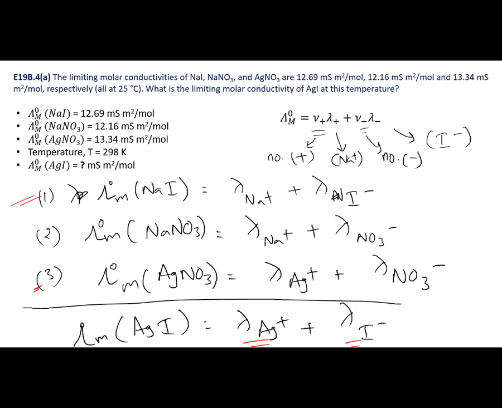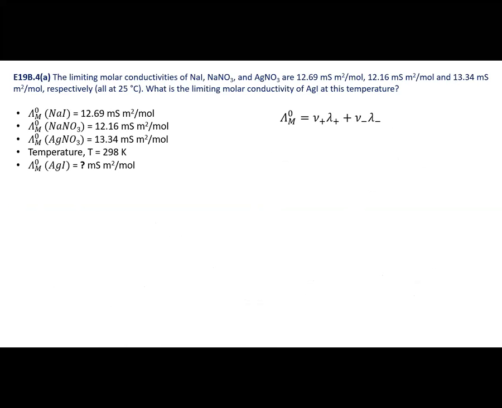But if we add 3 and 1 together, we are also contributing the conductivities from ions such as nitrate and sodium. So we need to subtract this. If we add these 3 and 1 and subtract 2, we can negate the contributions from sodium and nitrate. So the overall equation is going to be 3 plus 1 minus 2.